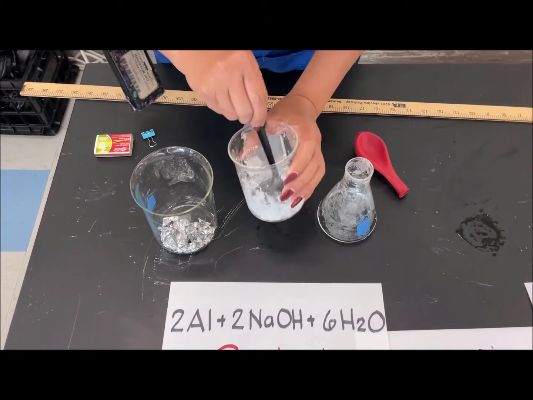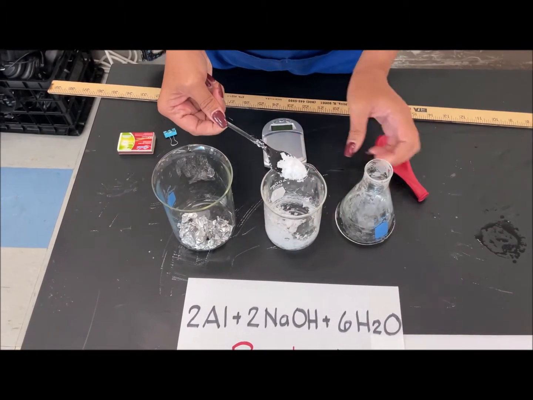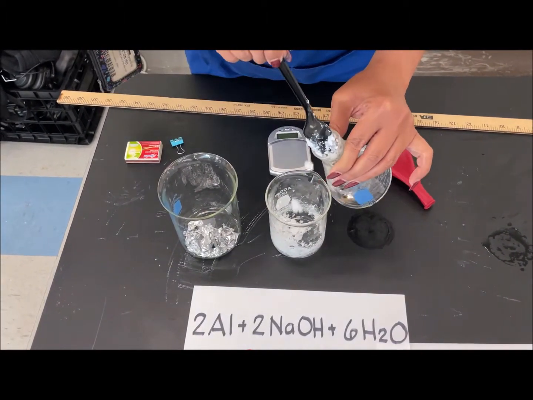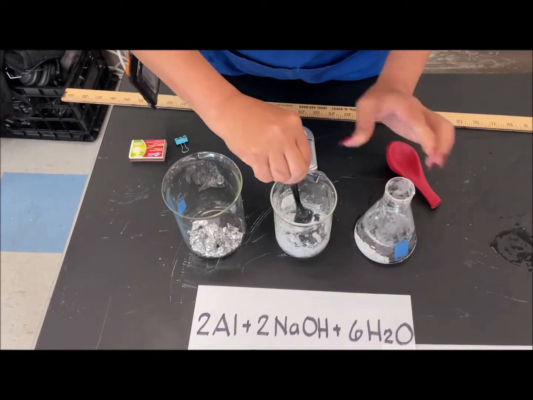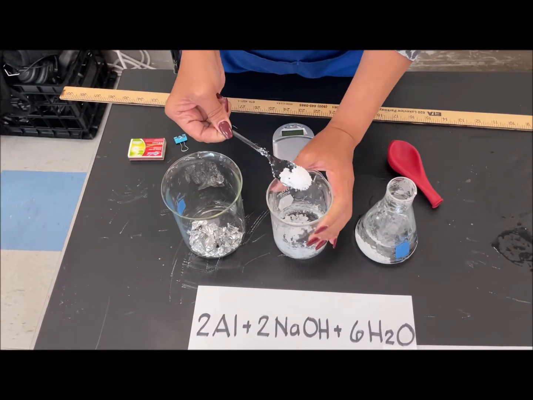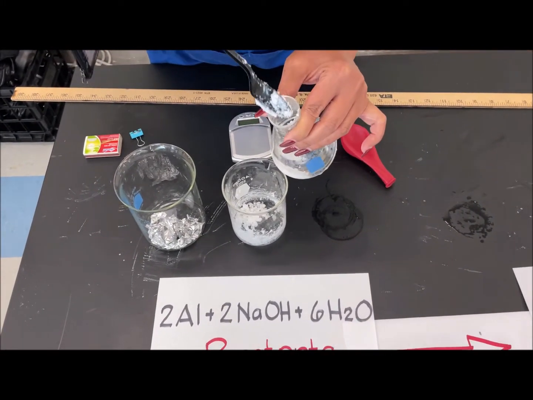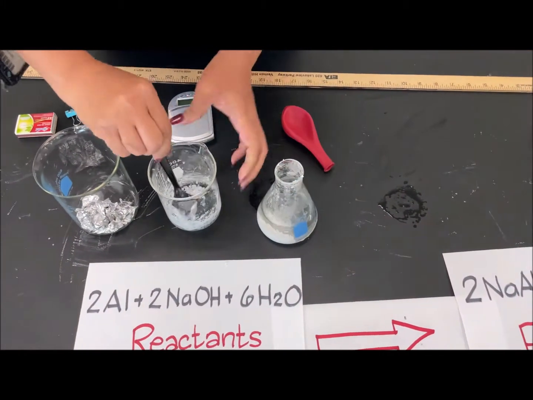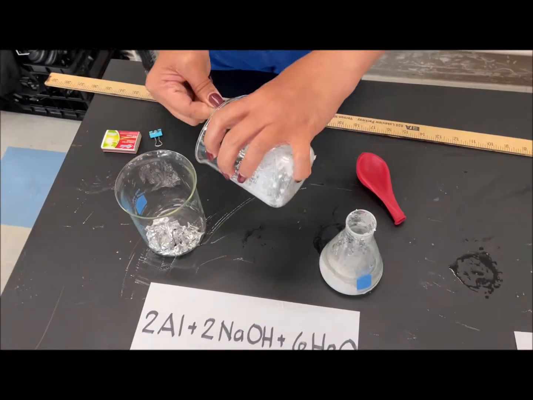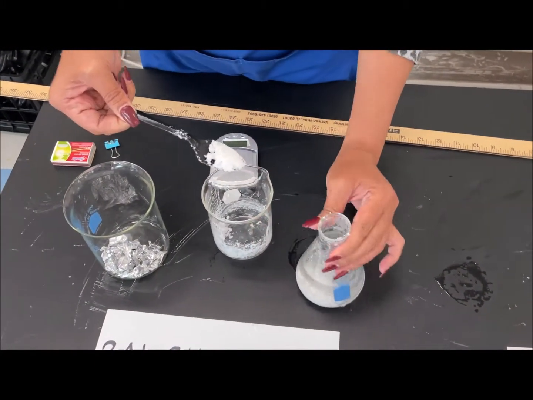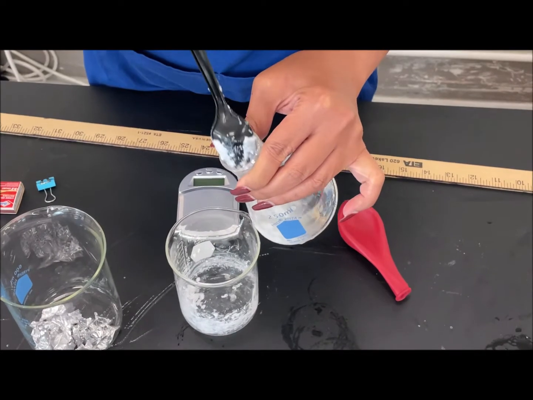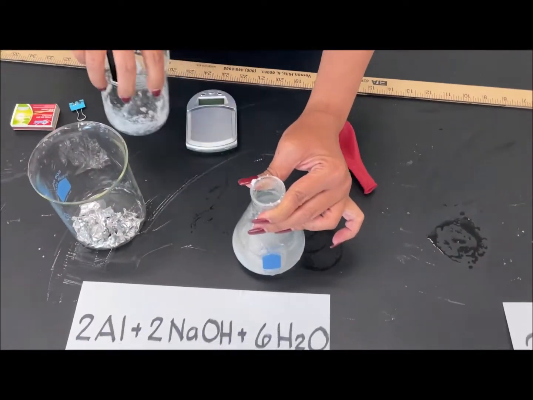So I'm going to start putting about 2 tablespoons of sodium hydroxide into the flask with water. I'm just gonna use all of this. Right.